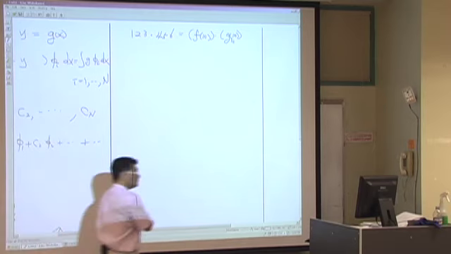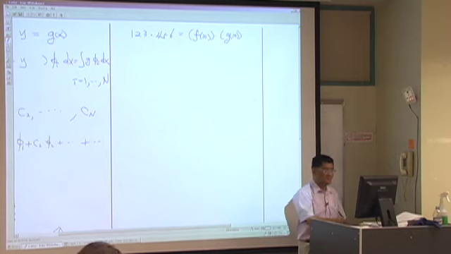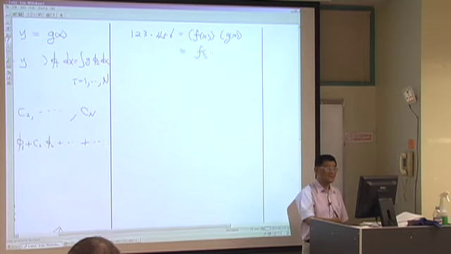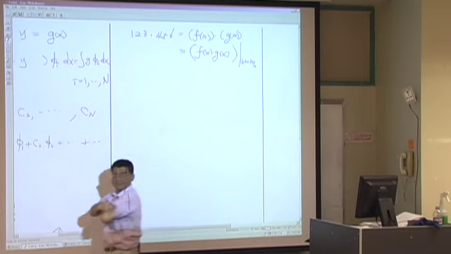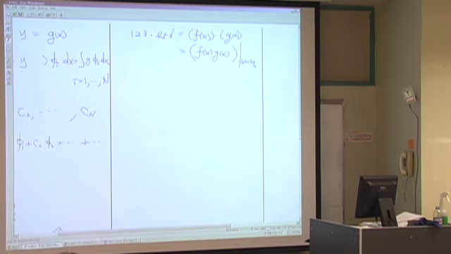Or f of x, g of x calculated at value 10. So I will pause and then you can check whether you follow everything up to this point or not.